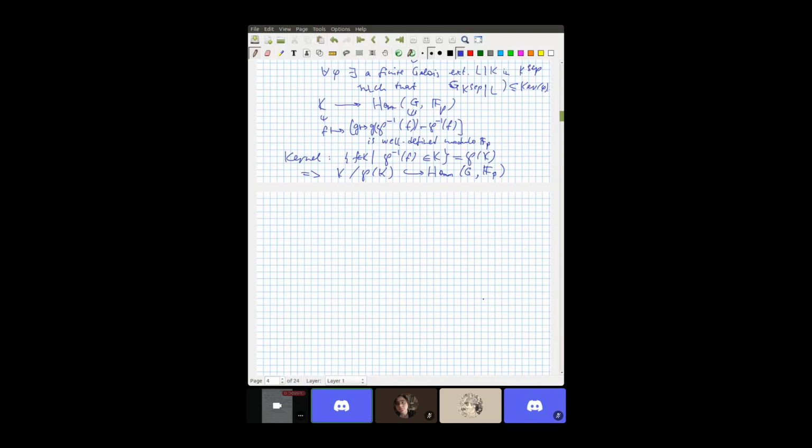When discussing semilinear representations, what I was trying to do is to avoid group cohomology, and we succeeded in the multiplicative case. Here we can also try to avoid it.